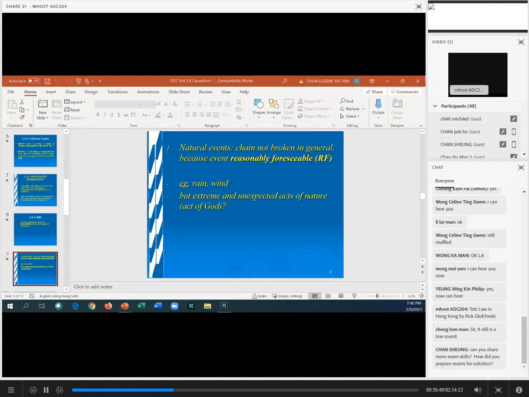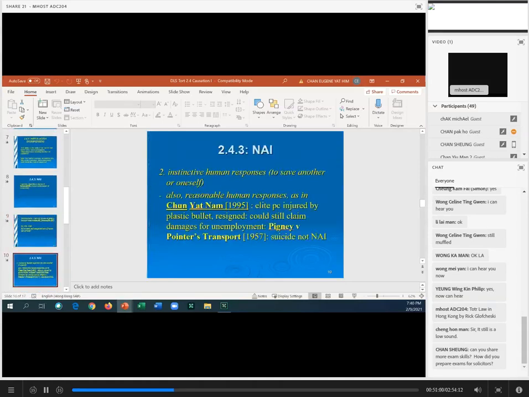Again, it does depend on the facts. And of course, that expression, reasonable foreseeability, is always a bit vague. What else is reasonably foreseeable? Instinctive human responses to save another person. That would be reasonably foreseeable.